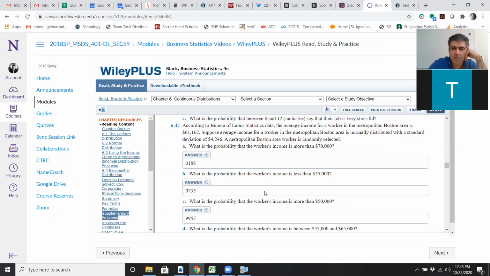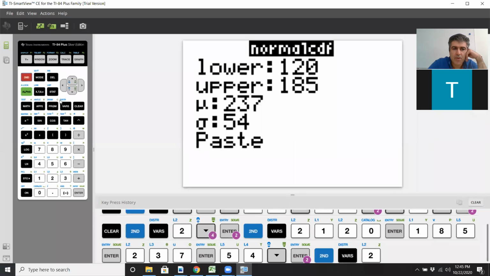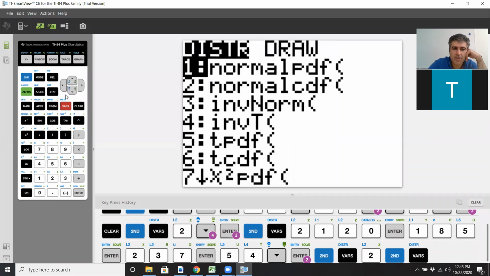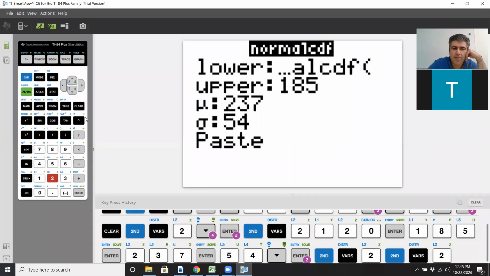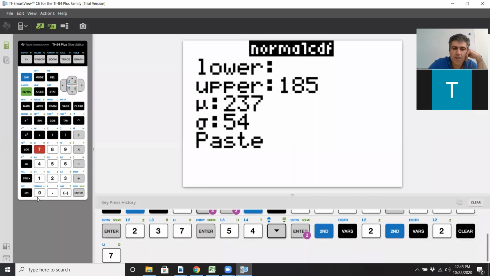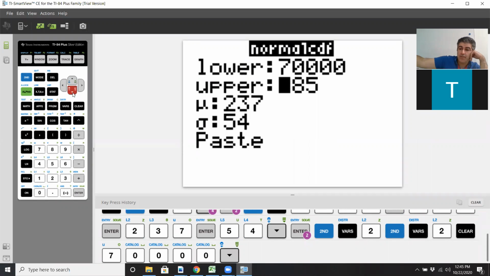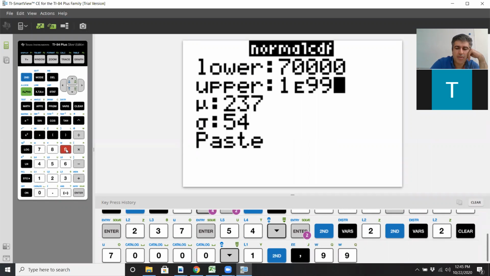Again, if you want to do more than, what you would do is go second bars. Like I'm right there actually. Why did I do that? Yikes. So $70,000, and you want to go forever to the right, so 70,000 and then everything to the right of it. In this case, I'm going to do 1 second comma 99, because I'm just assuming you're making a gazillion dollars.